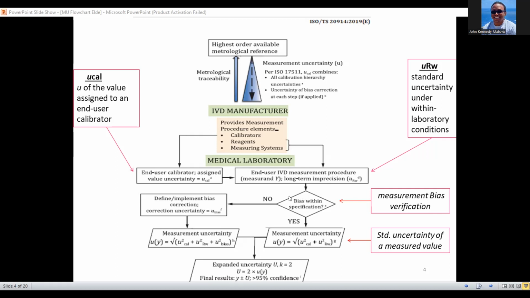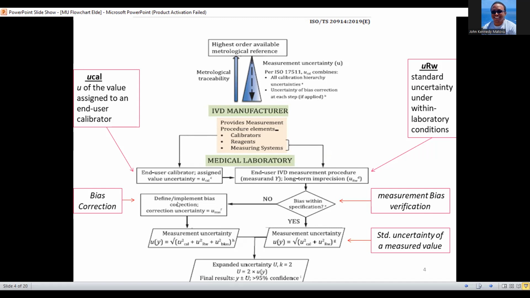All right. Going back to this measurement bias verification, what if the bias is not within the specification, meaning there is a bias? Then you need to do a bias correction. So define and implement bias correction. This is now called correction uncertainty, or uncertainty attributed by the bias.